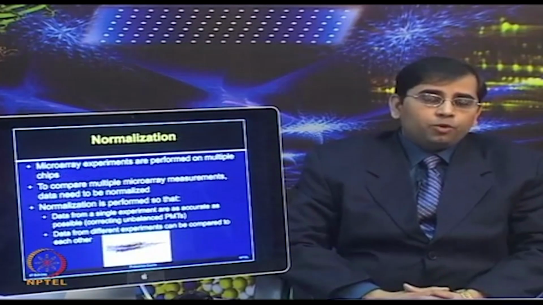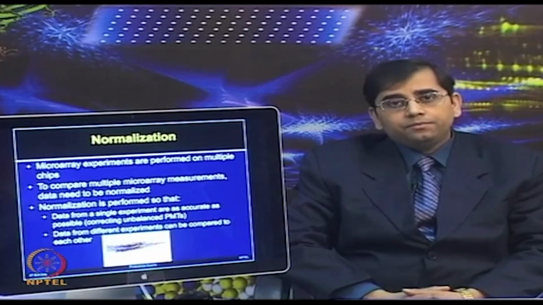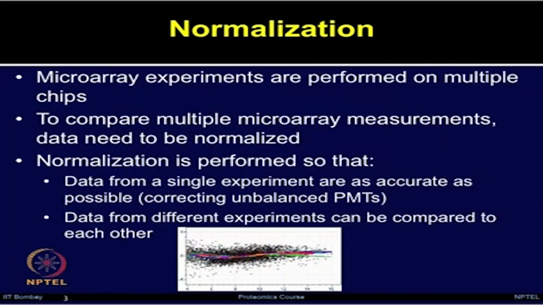We will discuss various basic concepts including normalization. In microarray experiments, people use different types of chips in different experiments. So, to compare multiple microarray measurements, data need to be normalized. The normalization is performed so that the data from a single experiment are as accurate as possible, also correcting for the unbalanced PMTs.